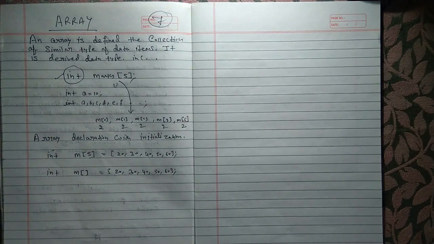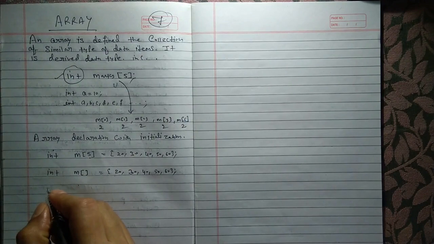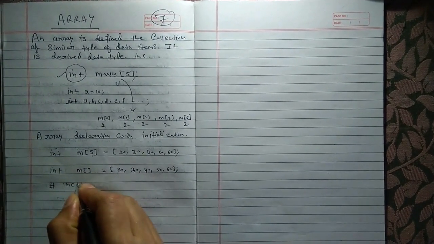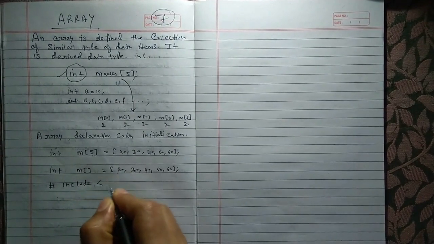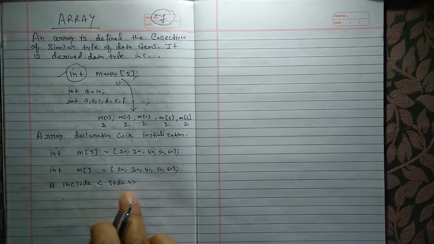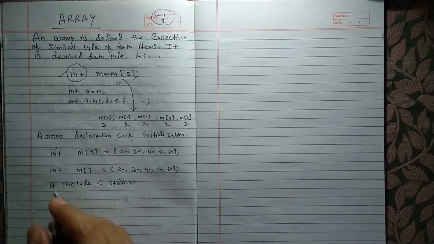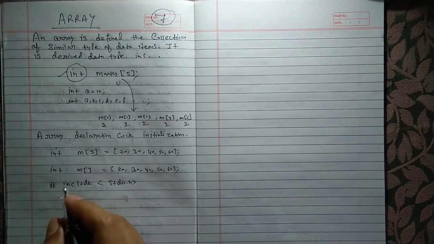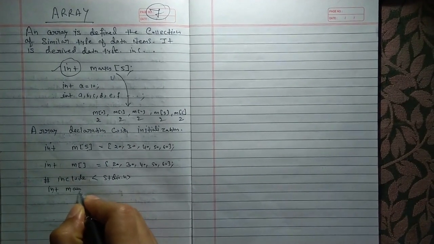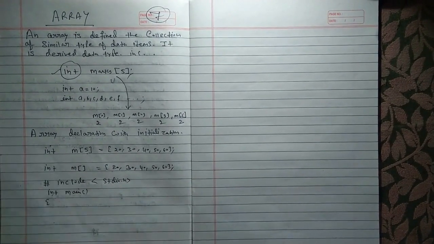Now I will write one simple program. Suppose I am writing hash include stdio.h. This is for input output. After that I am writing the main function, int main. Curly bracket open.